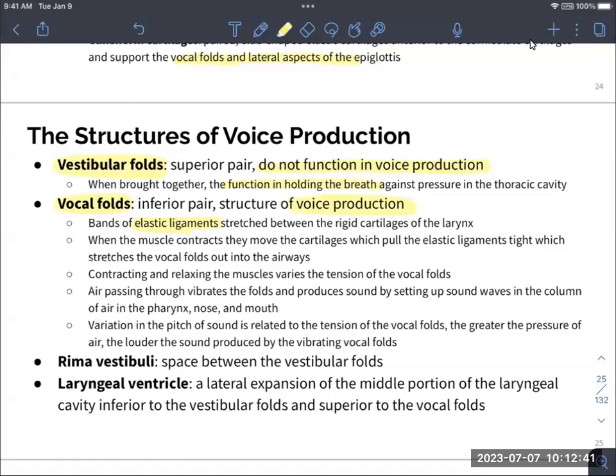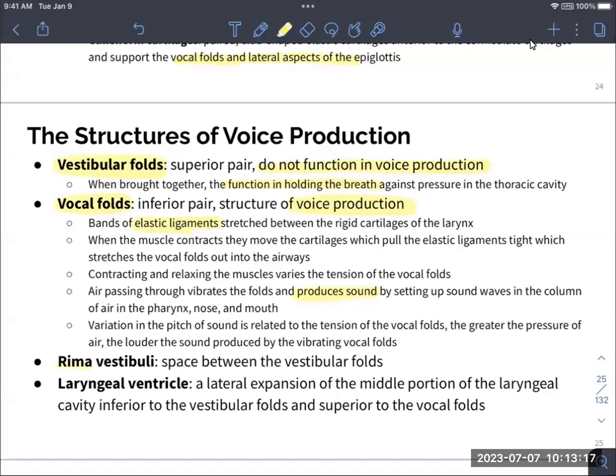So contracting and relaxing of the muscles in the larynx changes the tension on the vocal folds. Then as air passes through, it vibrates those folds, and this is what produces sound. It's different waves as the air moves through the larynx and causes the vocal folds to vibrate.